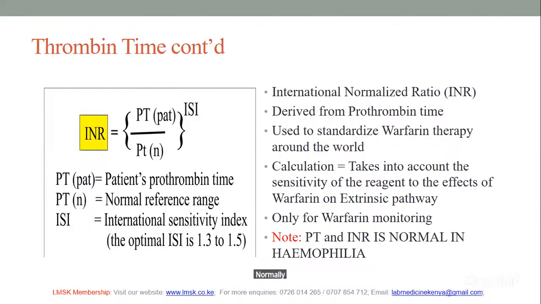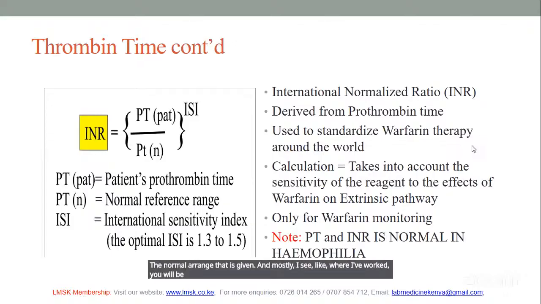Normally, you can find it by yourself by doing a panel of tests, then finding the mean, then using it against the normal range that is given. Mostly, where I've worked, you will be doing about 10. Then after 10, you calculate to get the range that you're working with.